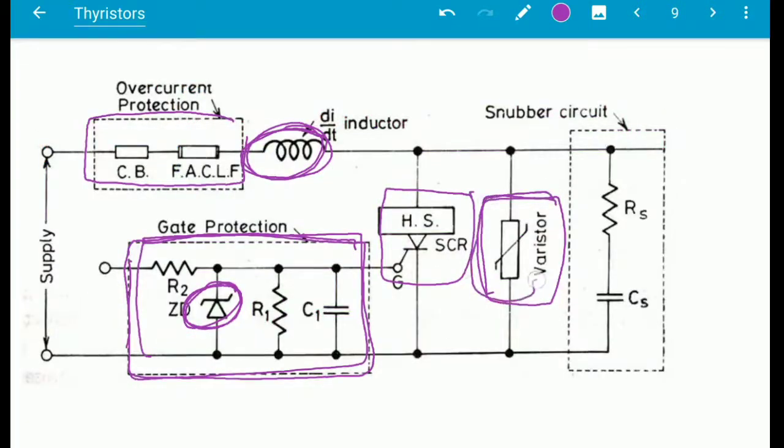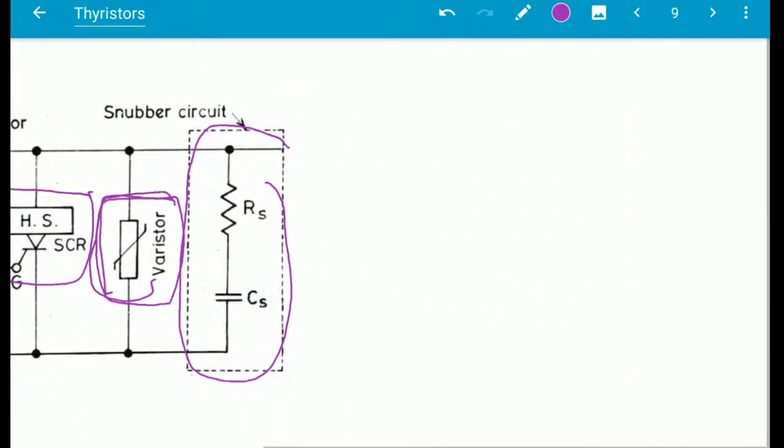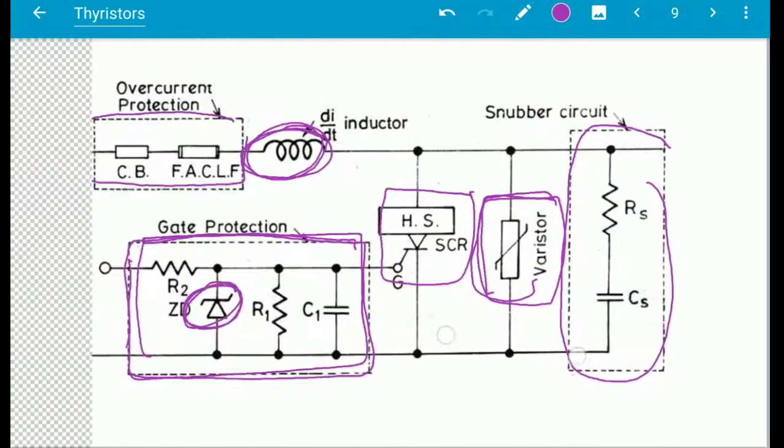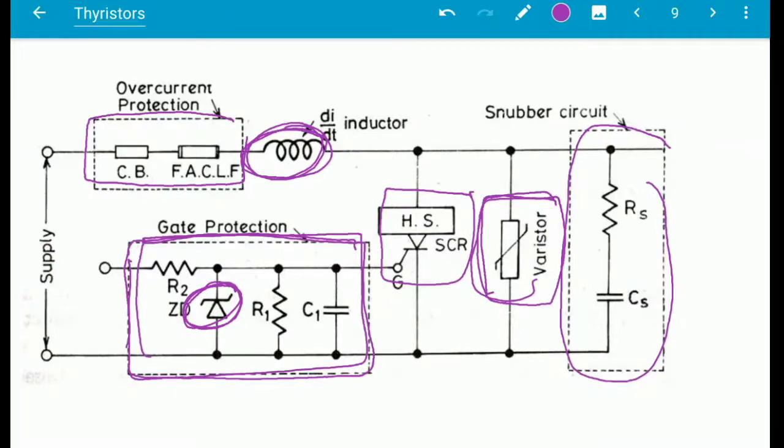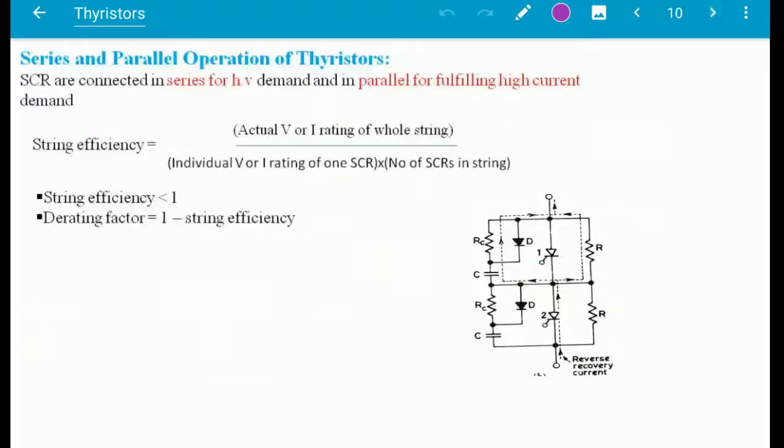This is the thing, and this is the snubber circuit. If we want to know more about the snubber circuit, there are also calculations which include the snubber circuit, but here we are skipping this one, not going deep inside the snubber circuit.